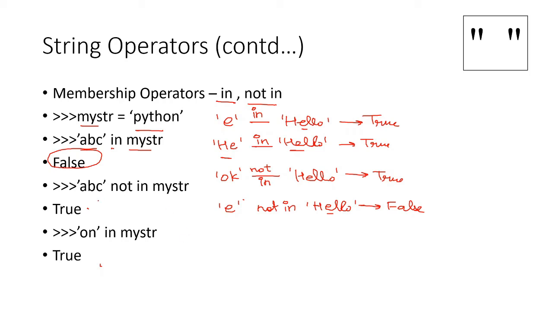Now we are again checking ABC, but we are checking if it is not a member of the given sequence, and since it is clear that ABC is not present in the string, we get true because this statement is true. Now the third statement is on in mystr. Now you need to check what the content of mystr is, and it is clear that it contains on in the end.